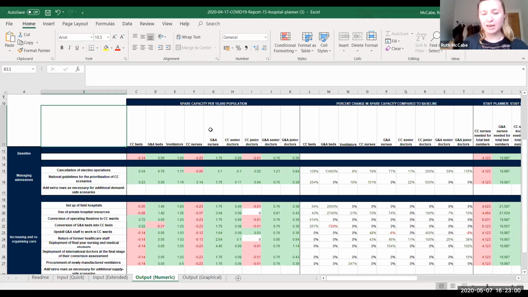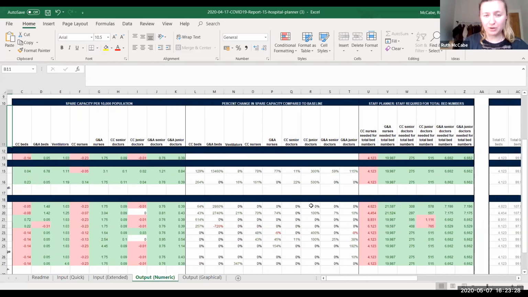This is just saying, okay, based on all of the patients that I have, and under the assumptions of the staffing ratios and the number of people requiring a ventilator, what can I provide for them per 10,000 population? So green indicates sufficient capacity, whereas red indicates that this isn't sufficient to meet needs under the assumptions that we have included.